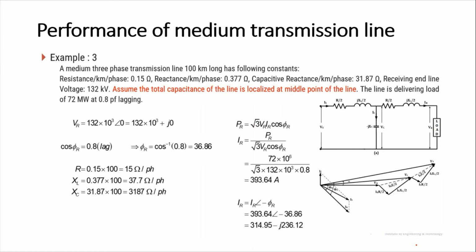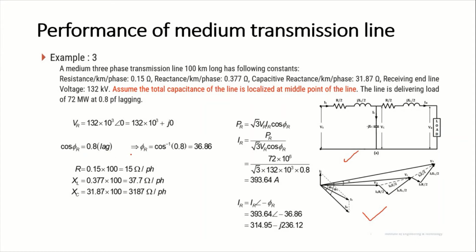The other data given is that the line is delivering a load of 72 megawatt at 0.8 power factor lagging. This is an equivalent circuit for the nominal T method, and this is a phasor diagram for the nominal T method. First, the receiving end voltage is 132 kV and the power factor is 0.8 lag.